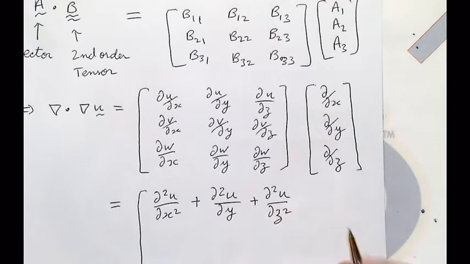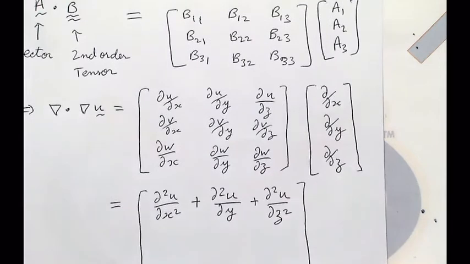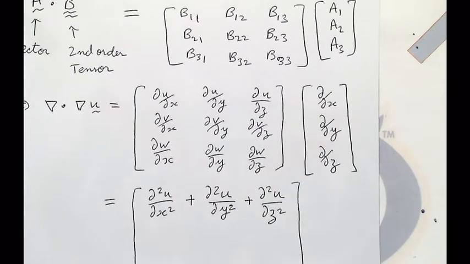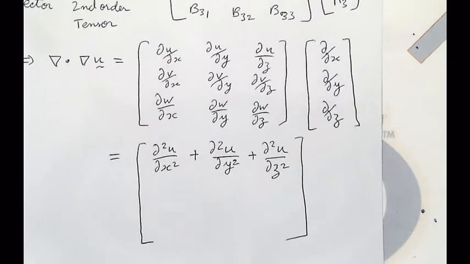And partial square v over partial x square, partial square v over partial y square. Everything is partial squares. Yeah, the same matrix actually. Exactly.